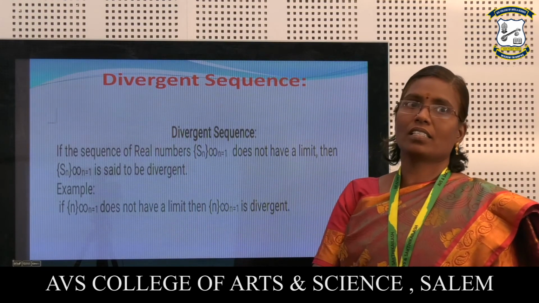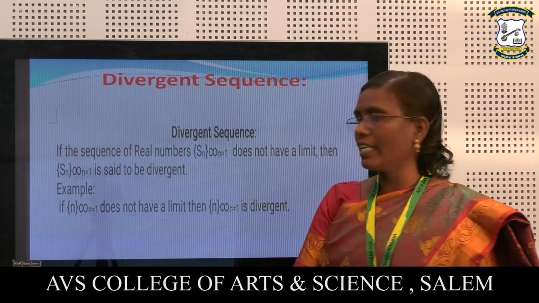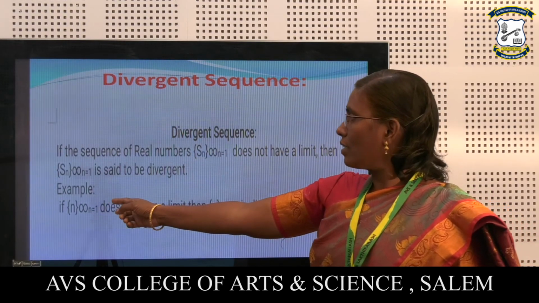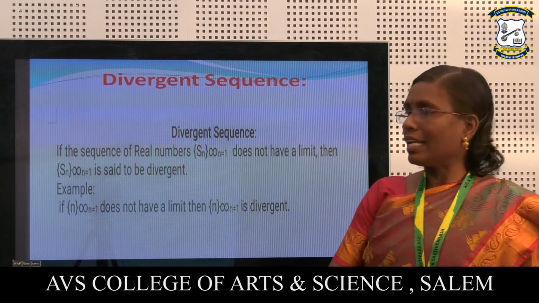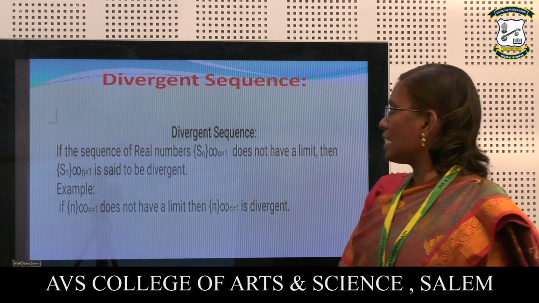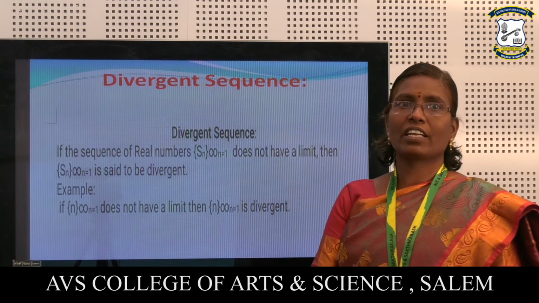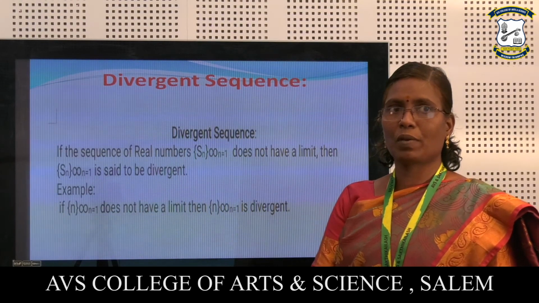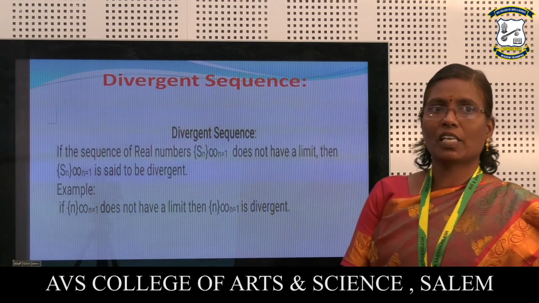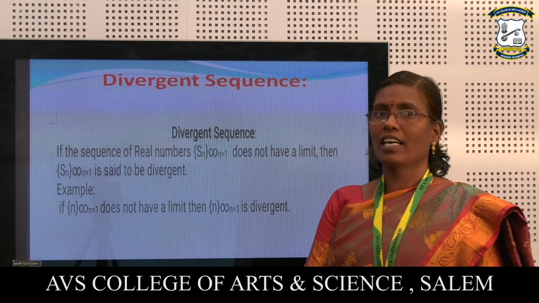Example, the sequence n from 1 to infinity does not have a limit, since the sequence goes to infinity: 1, 2, 3, etc. So if the sequence n does not have a limit, then n is a divergent sequence.